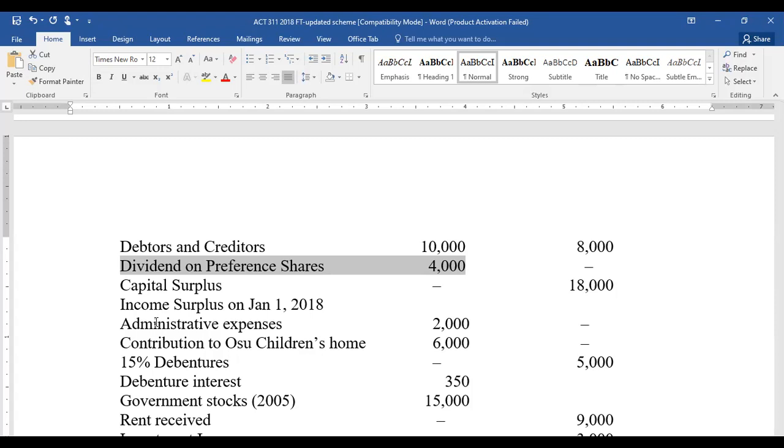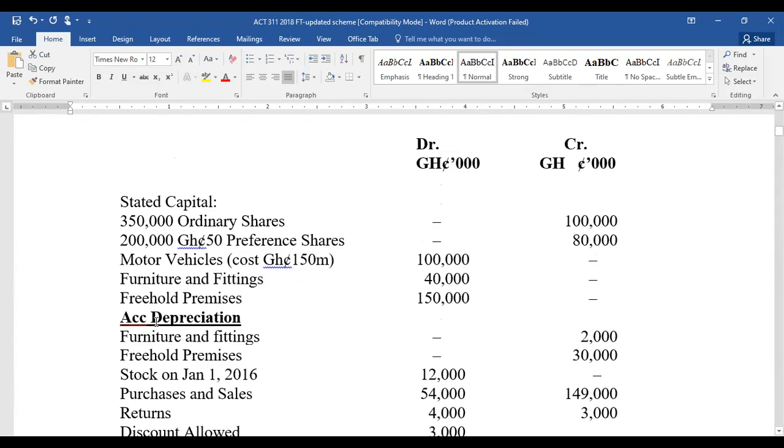So after your transfers, you put the interim dividend, preference share, 4,000, over there. But how much are preference shareholders supposed to get? One of the characteristics of a preference shareholder is that they know how much they are supposed to get in dividend at the time they purchase their shares.